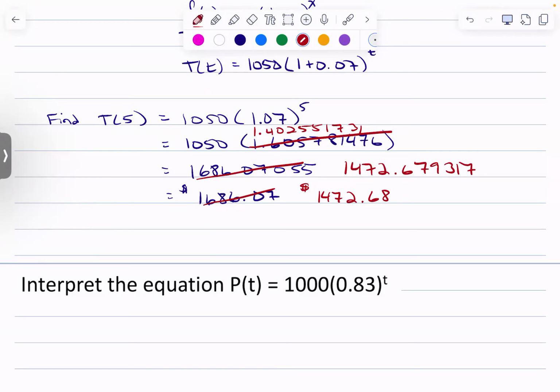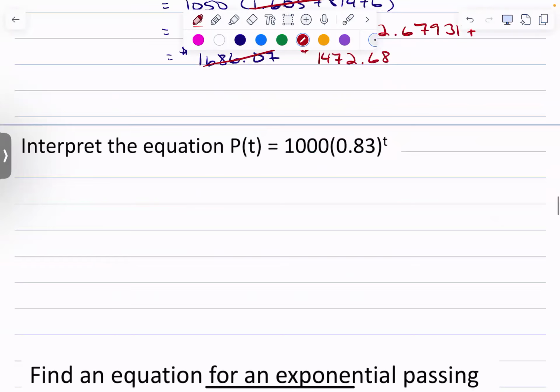All right. What if we have to interpret this equation that says P of t? Now, usually if we're using P, it means a population size, and t is presumably time in years or whatever. P of t is 1,000 times 0.83 to the power of t.